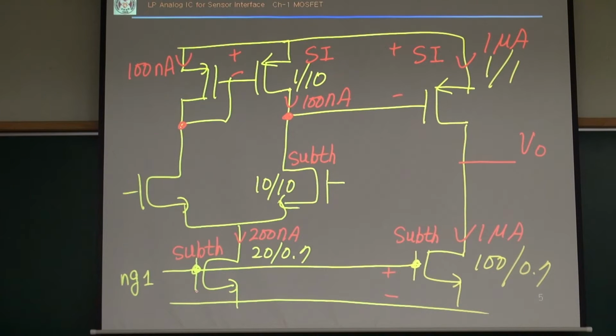So let's see how much larger this strong inversion GM is compared to that one.